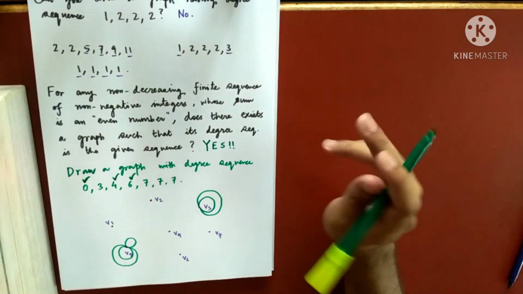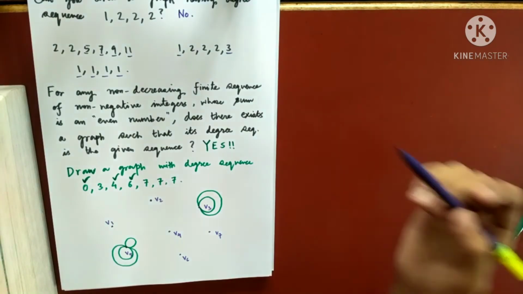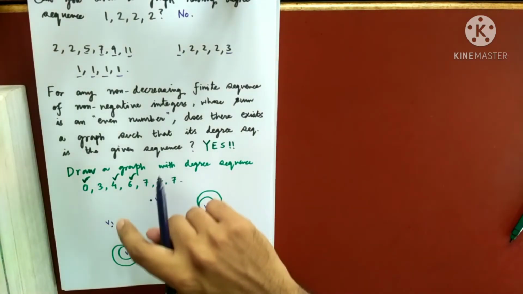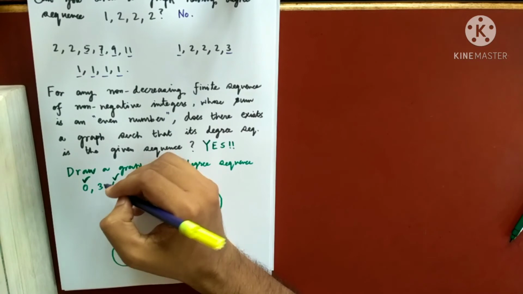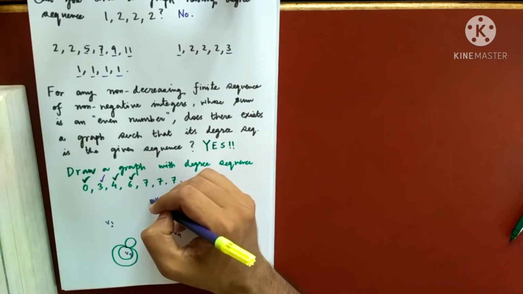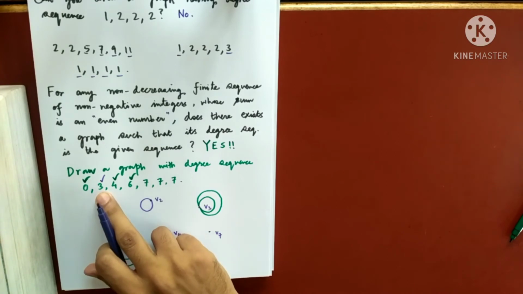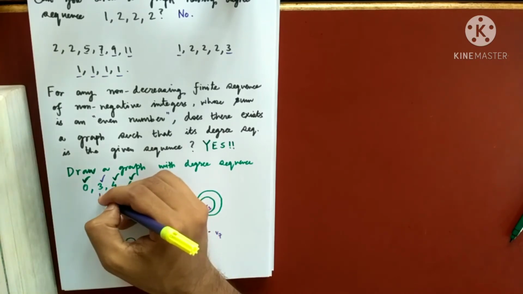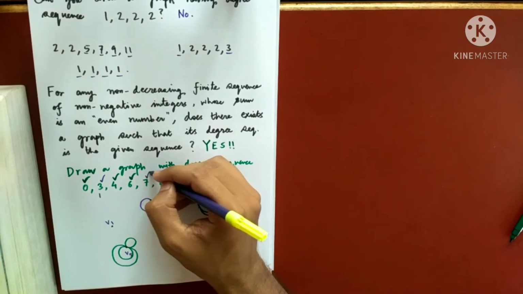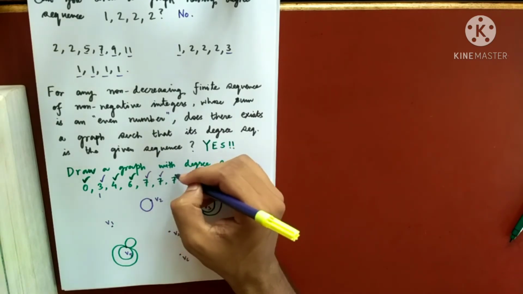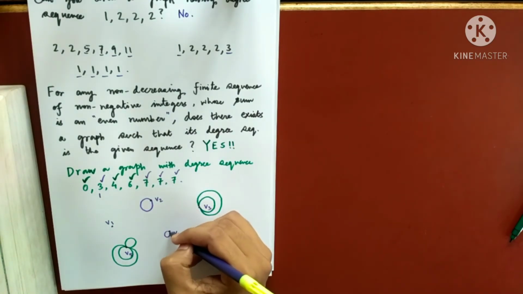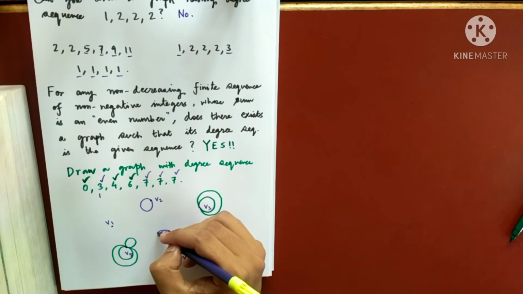Done? Now for the odd ones, so v1 is already done, odd ones. So v2 must be 3. Draw one loop. So 2 has been covered, 1 is remaining here. Next, v4 is 6, so draw 3 loops, 1, 2, 3.